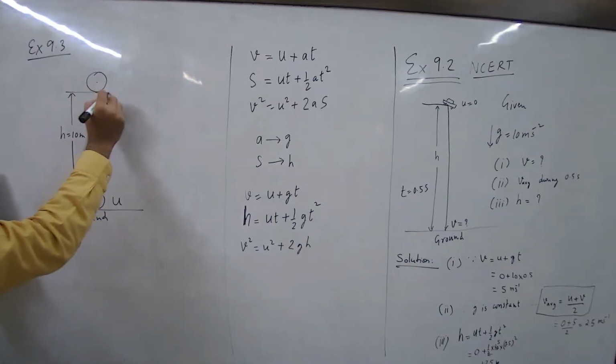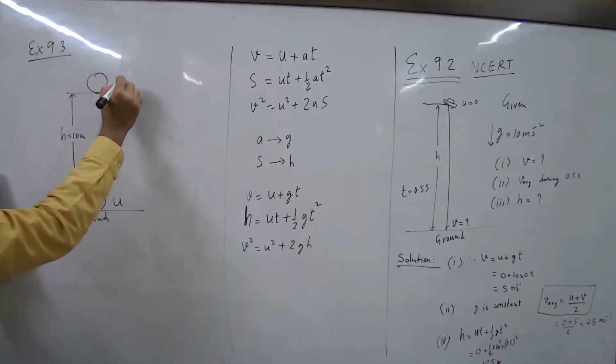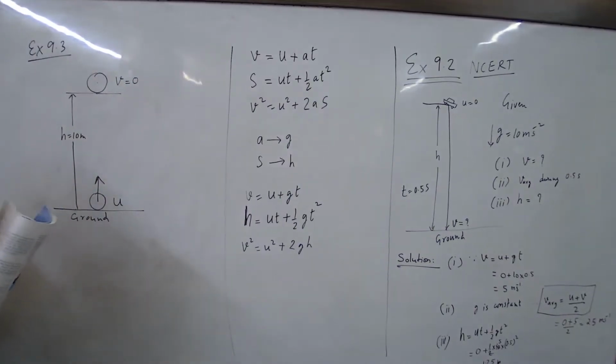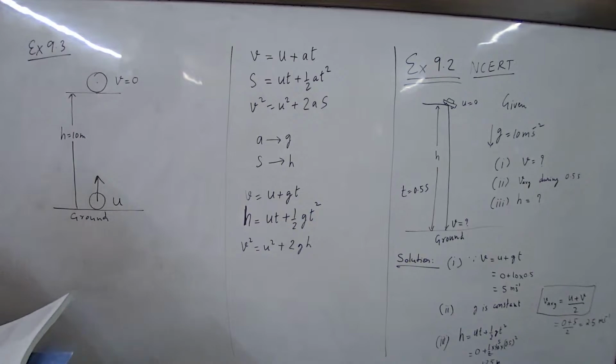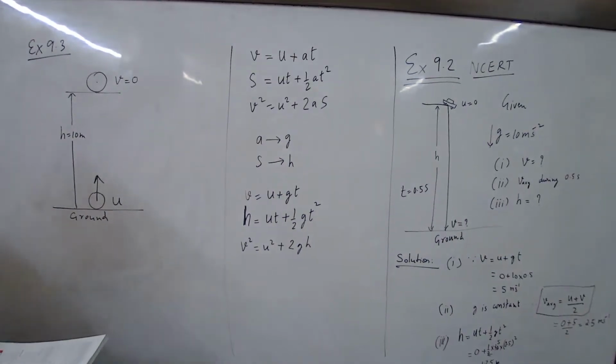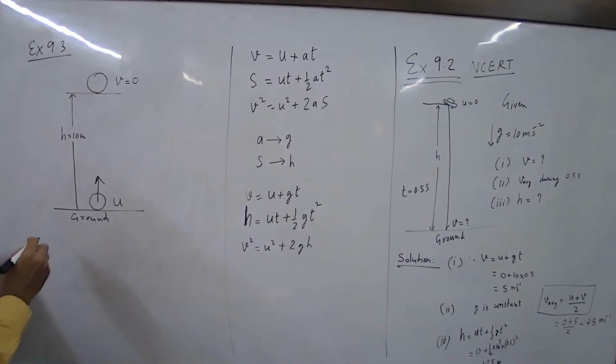Okay. So obviously at top, what will happen is v will become 0. Isn't it? I explained to you that at the top height, its velocity should become 0. So only these things are given. Then what are you supposed to find? You are supposed to find two things.